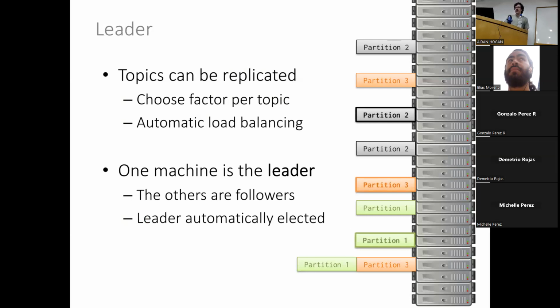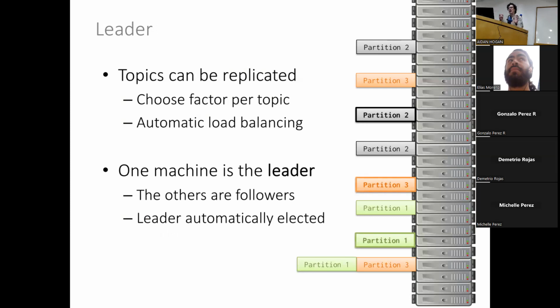How this is done is, as we've seen before in many of the different distributed systems, the standard solution to this problem is to appoint one of the copies as the leader. So there is one partition which is known to be the leader. The other copies are known as followers. The leaders can be elected or chosen between themselves.